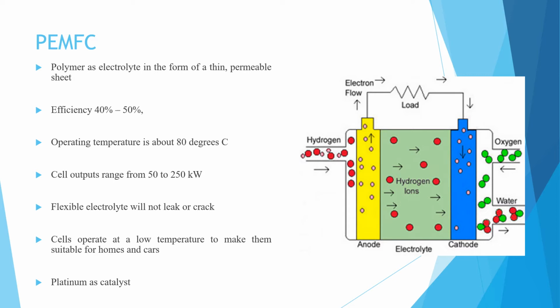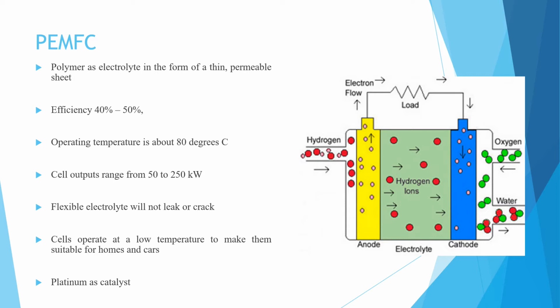These cells operate at a low enough temperature to make them suitable for home and car, but the fuel must be purified. So highly purified hydrogen is used for this proton exchange membrane, and platinum catalyst is used on both sides of the membrane.